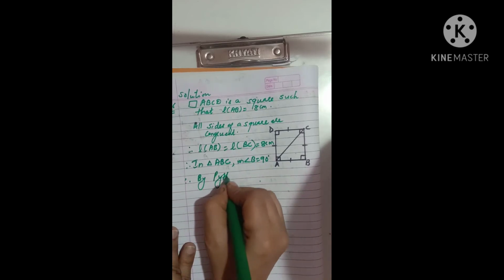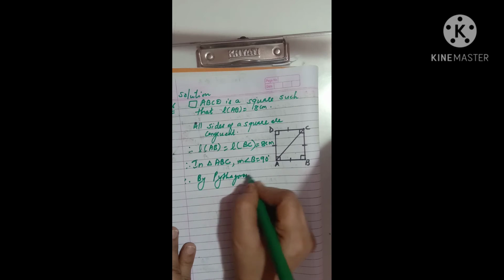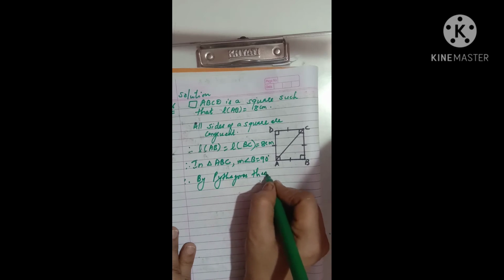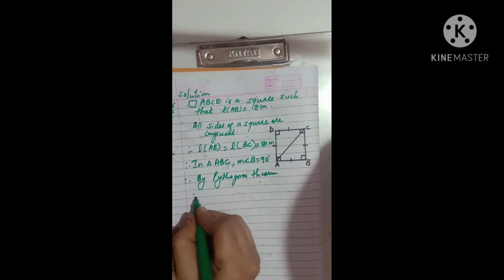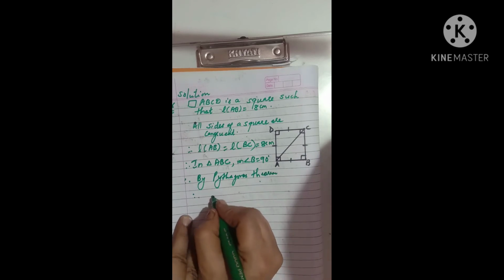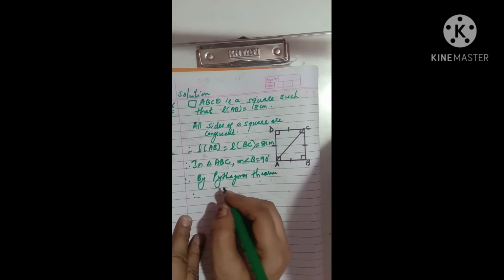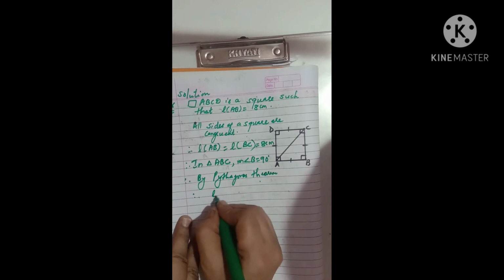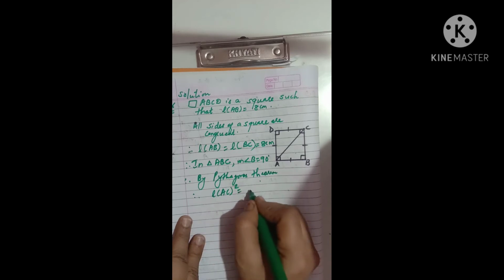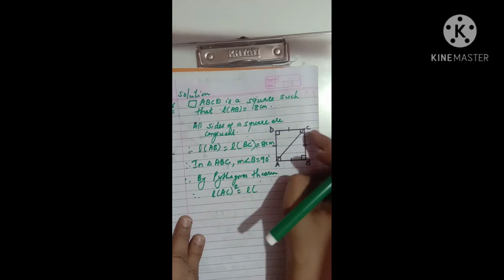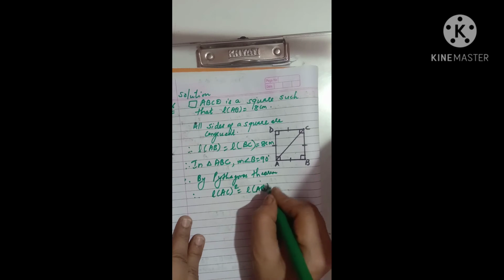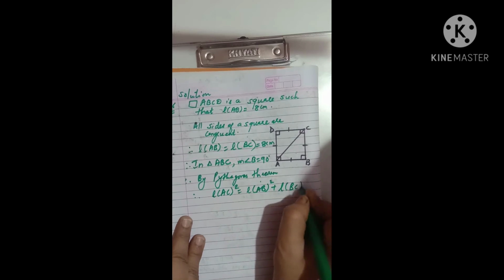Therefore by Pythagoras theorem, length of AC square is equal to length of AB square plus length of BC square.